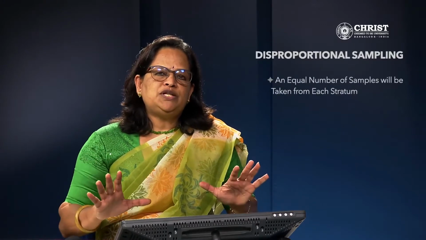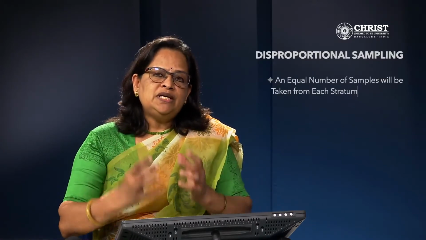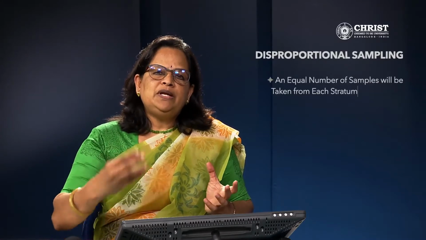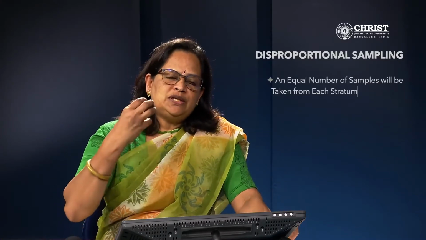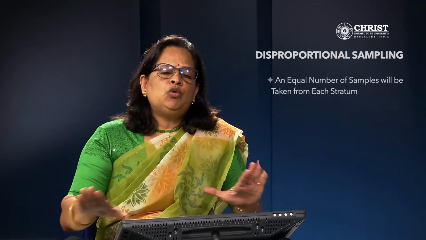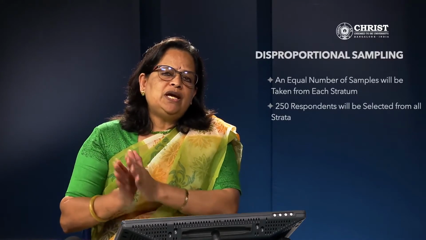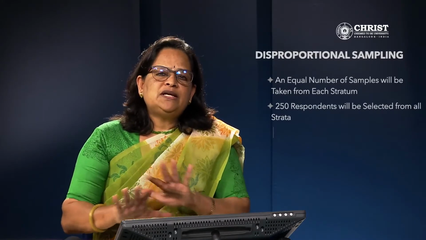The second method is the disproportional sampling method. In this method, I will not give any weightage for the population. What I will do is take an equal number of samples from each strata or type. Regardless of the population in zones A, B, C and D, I will take an equal number: 250 from A, 250 from B, 250 from C and 250 from D as the respondents.